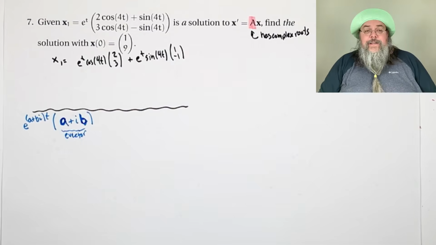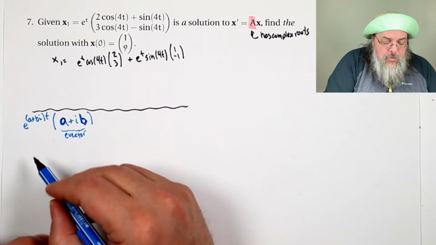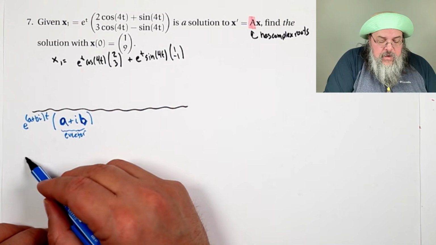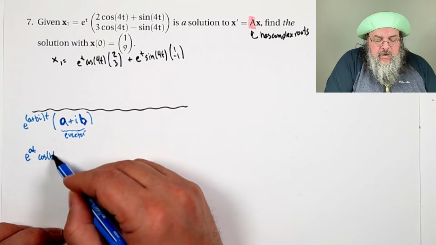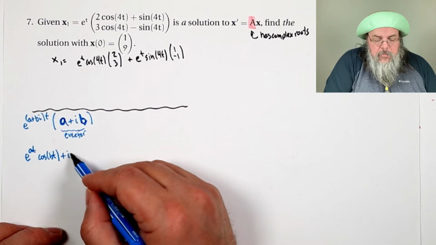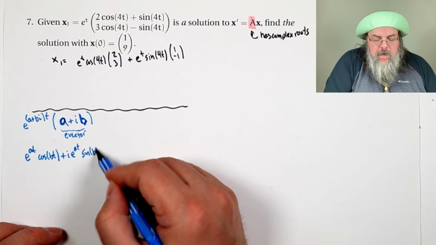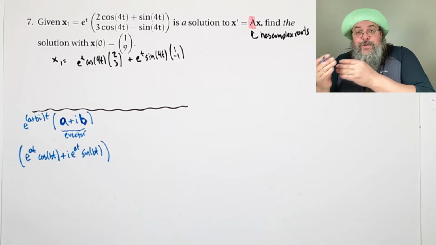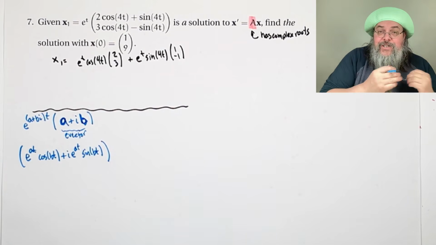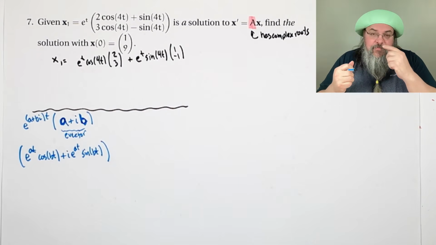All right, and then we said, the idea is we're going to write this out and do what we did in the old days, which is to say, when we had complex roots, we grabbed the real parts and the imaginary parts, and that helped us form a new solution.